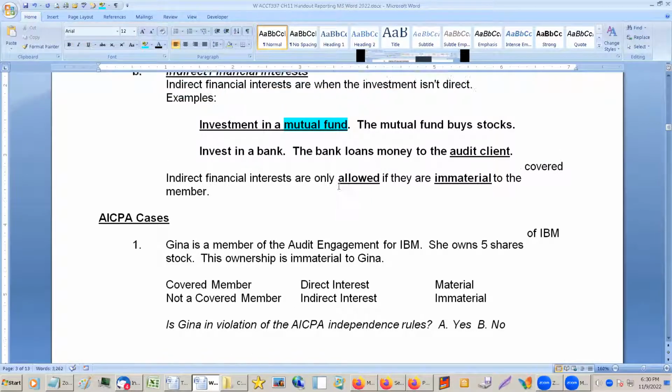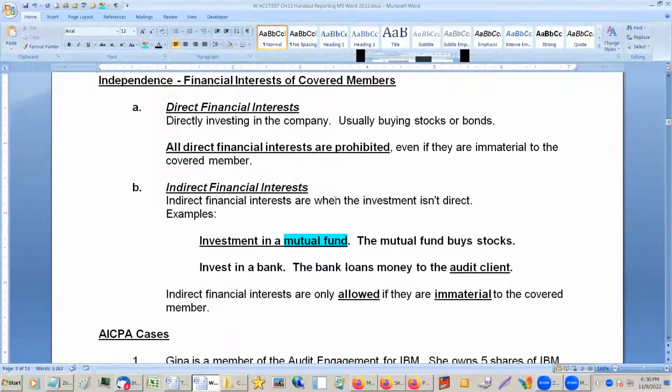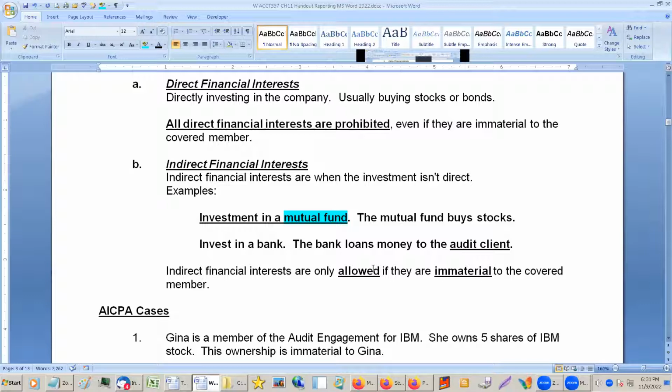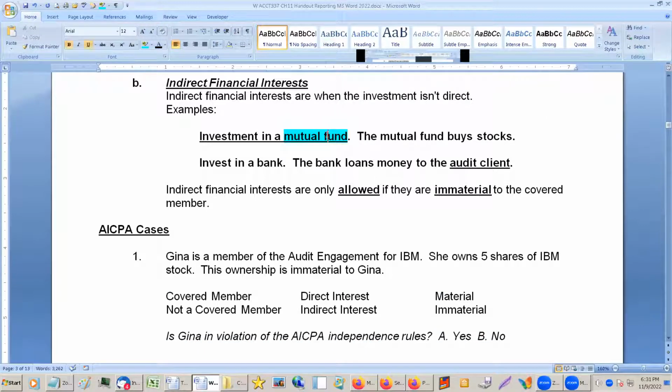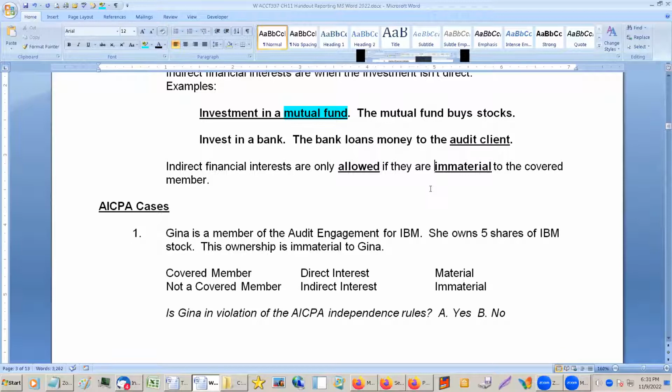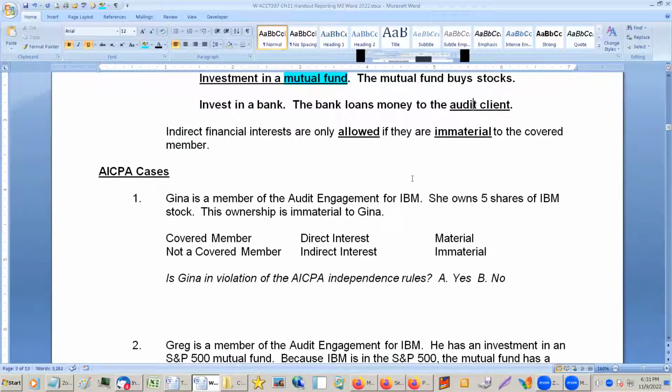So you can have a mutual fund, as long as the amount in the mutual fund that's invested in your client is immaterial. You can have an investment in the bank as long as the proportion the bank loans out is immaterial to the overall bank activities.